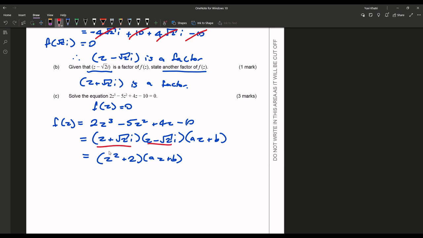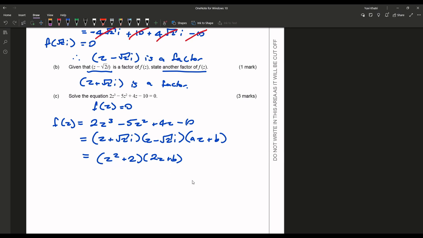Now we've got z squared times az, and that should give us 2z cubed. So z squared times az, sorry, that should be 2, equals 2z cubed, which means that a equals 2. So we'll put that in instead of a.